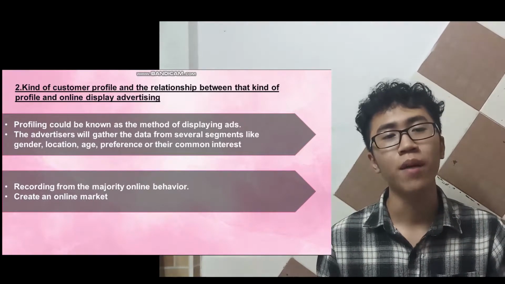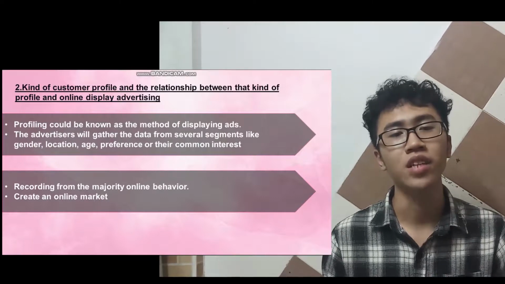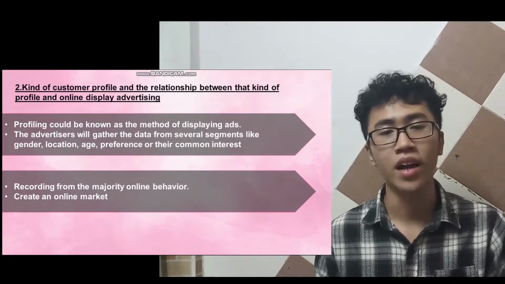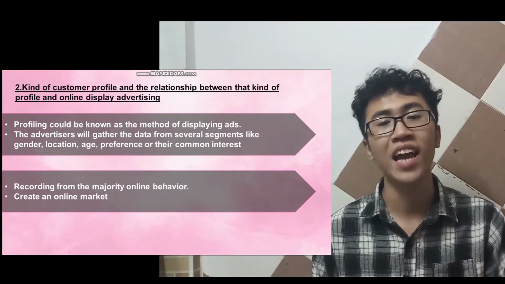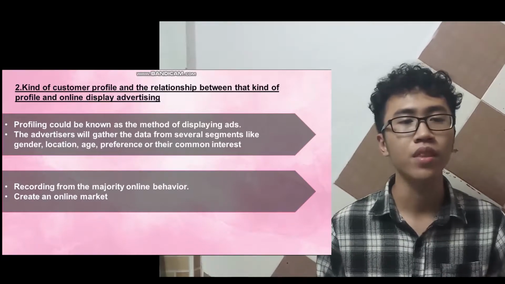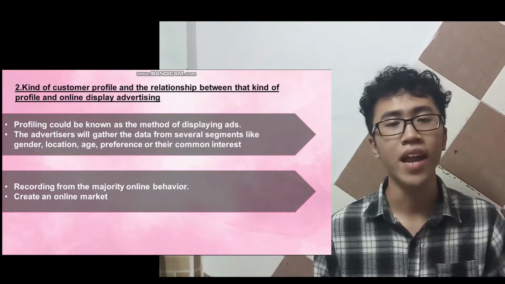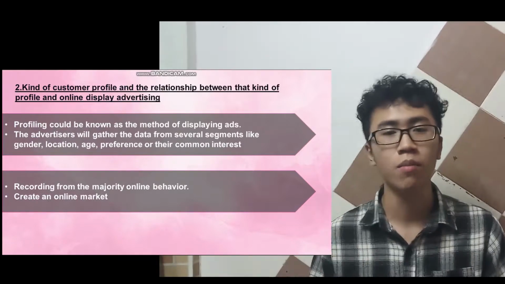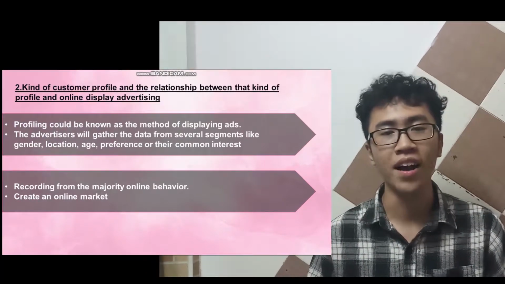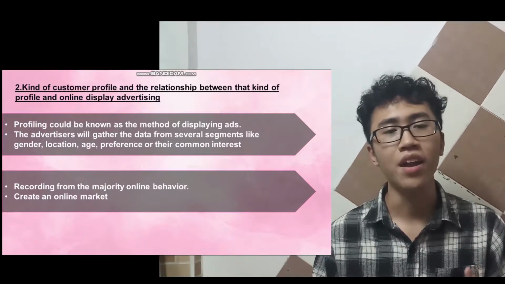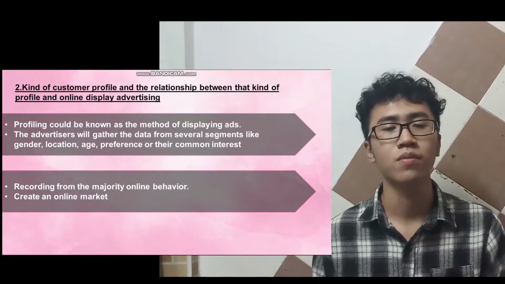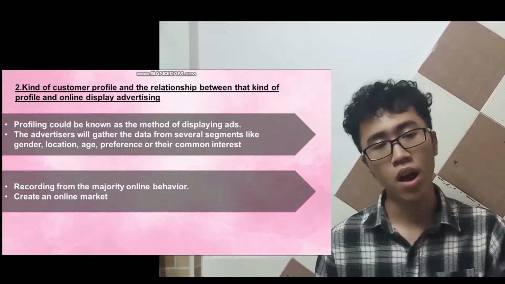That will help to determine relevance and target a specified profile. Moreover, this profile is the key element that helps the brand reach its potential customers. In that way, both the seller and the customer can create an online market where the right customer can buy the product. Come to the third part.